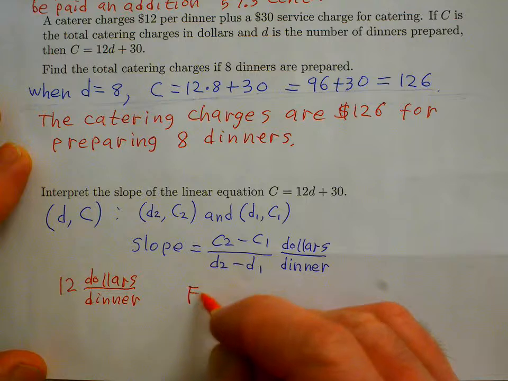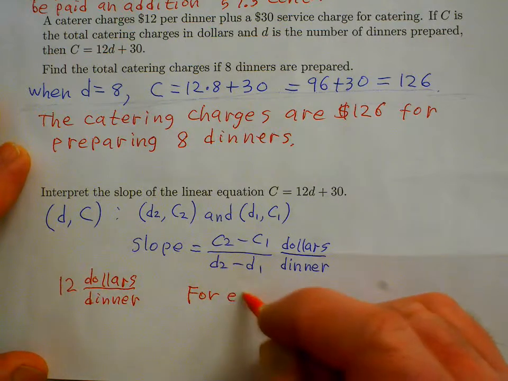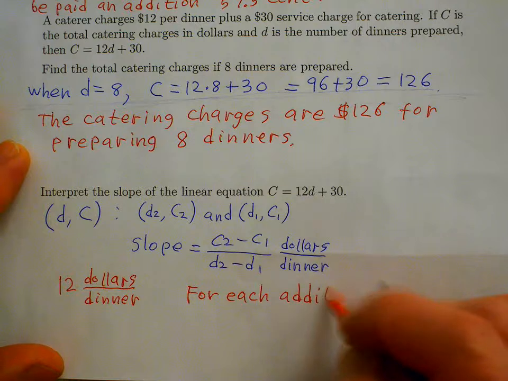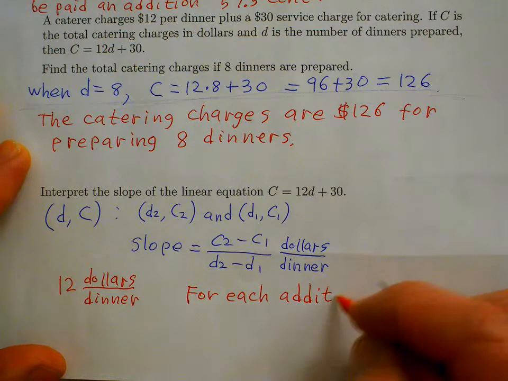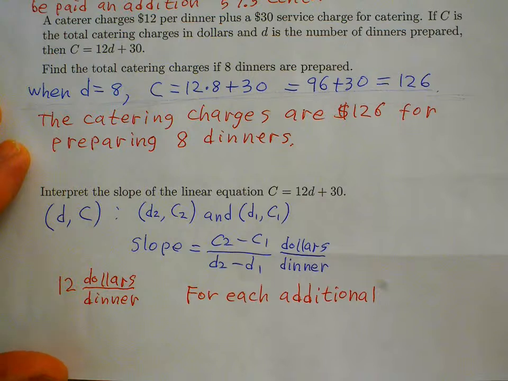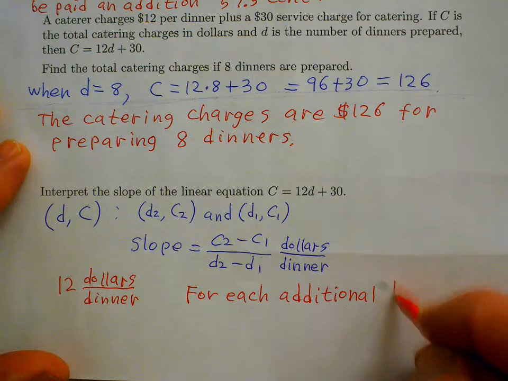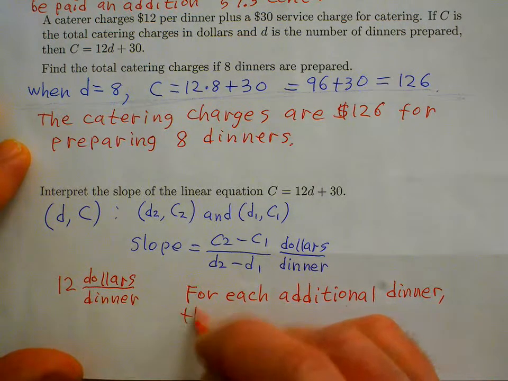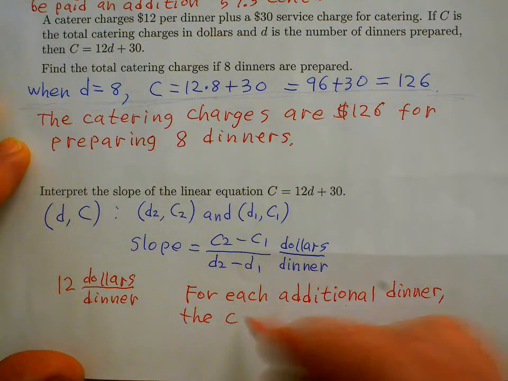So for each additional dinner, if somebody signs up late, but the caterer is willing to prepare an additional dinner, the catering charges increase by $12.